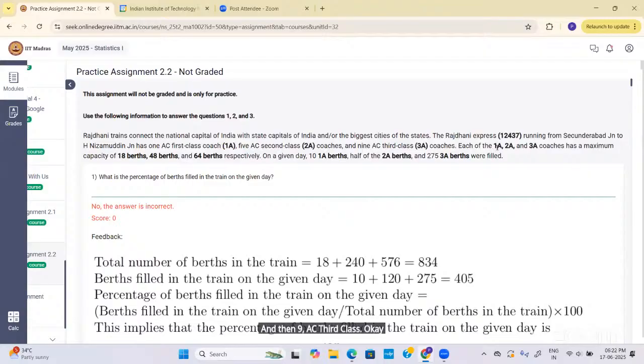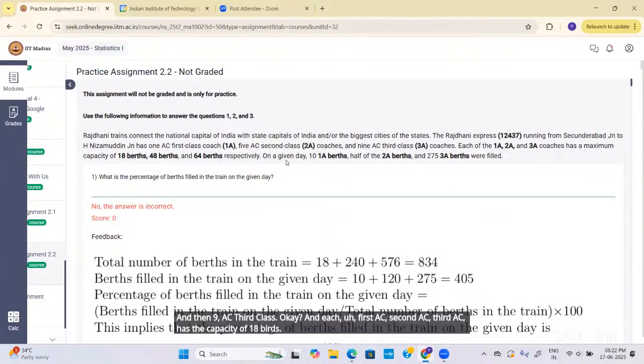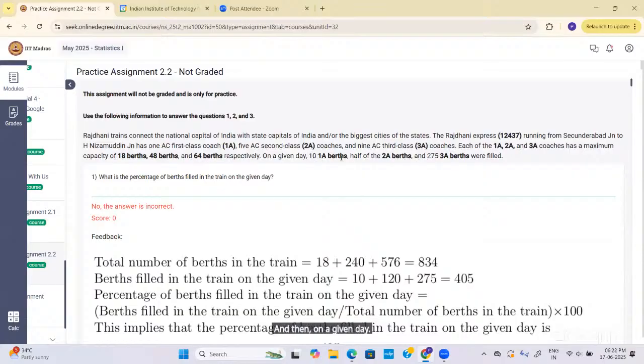Each first AC, second AC, third AC has the capacity of 18 berths, 48 berths, and 64 berths. Then on a given day, 10 first AC berths, half of the second AC berths, and 275 of the third AC berths were filled.